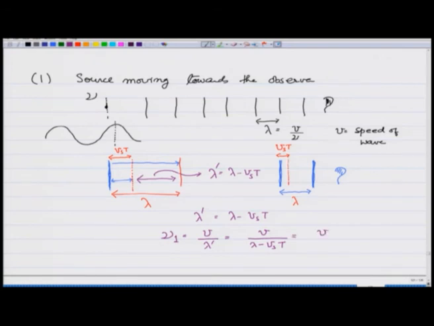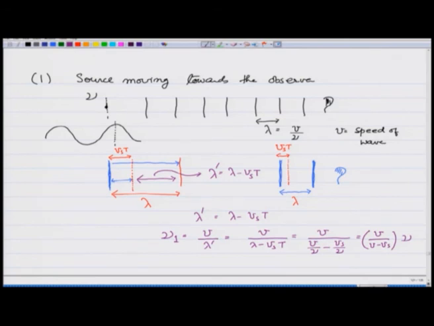So, v is v, lambda is nothing but v divided by the frequency, t is 1 over the frequency, which is equal to v divided by v minus v s times the frequency. So, the frequency at which now I hear these maxima of the wave coming to me is slightly larger.